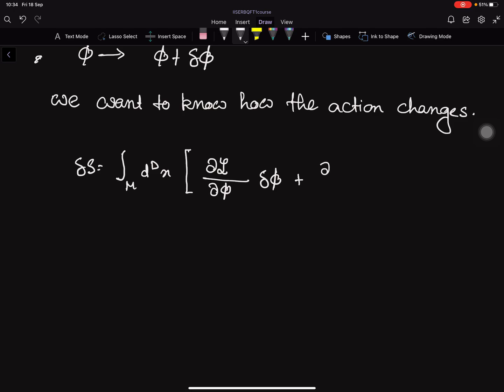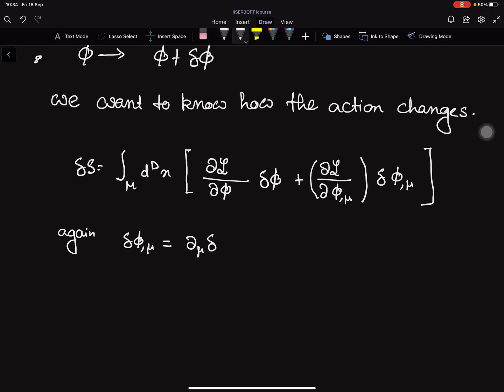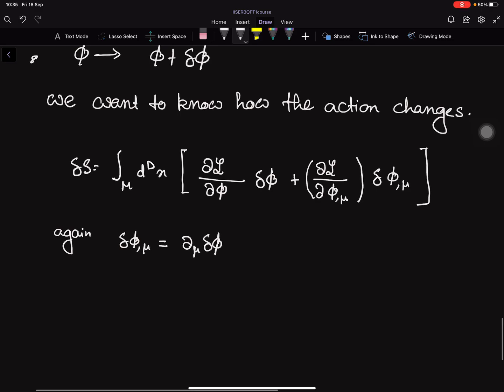Plus the derivative of the Lagrangian density with respect to phi_mu, which is basically the derivative of phi with respect to x^mu, times delta phi_mu. Now again, delta phi_mu is just the derivative of delta phi with respect to del_mu. Then we do the same strategy.